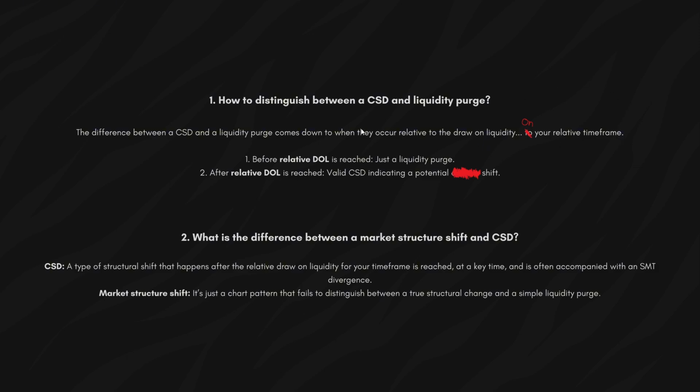If price rejects below a low or rejects above a high before the relative drawn liquidity is reached, then that would be regarded just as a liquidity purge. But if that rejection below the low or above the high occurs after the relative drawn liquidity is reached, then that would be considered a valid CSD that would indicate a potential shift in the structure.